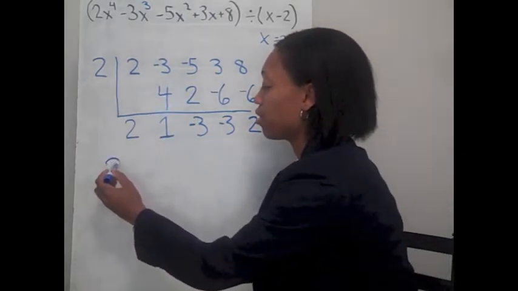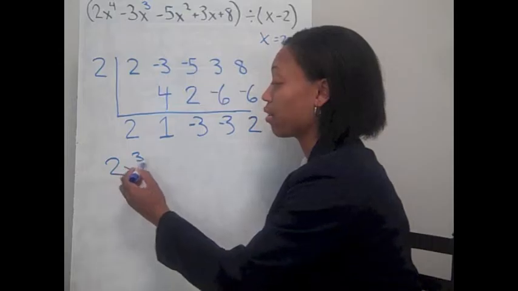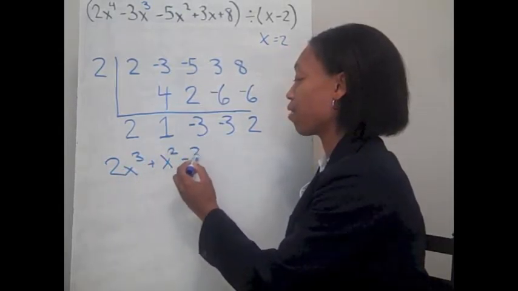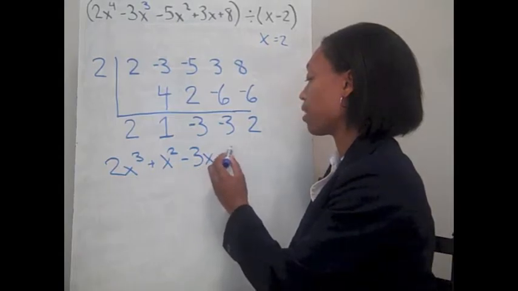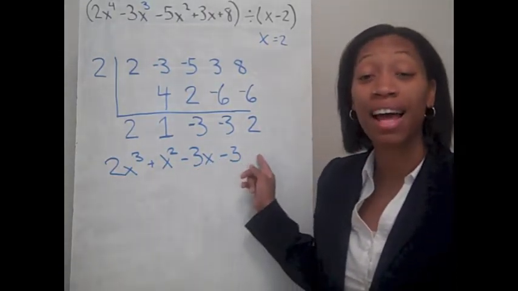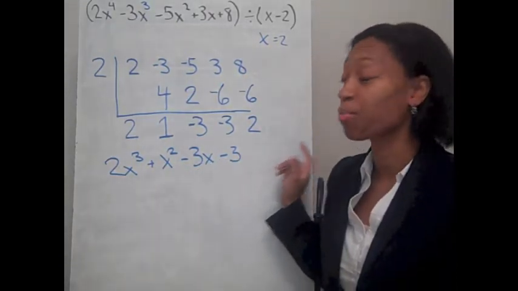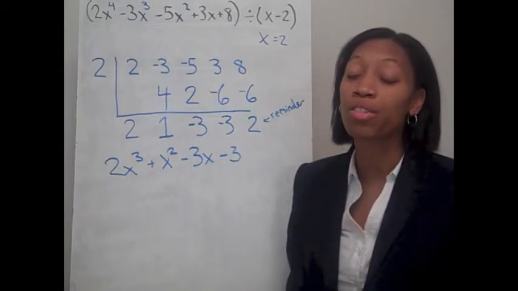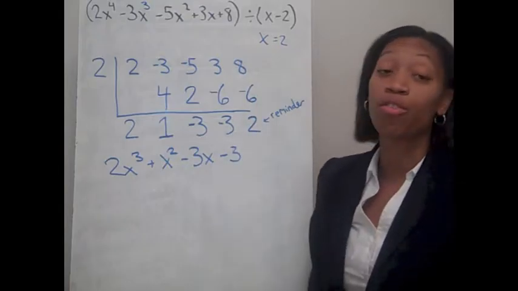So this is 2x to the 3, 1x squared, 3x minus 3, and the last term is our remainder. That number for the remainder goes over the original factor.